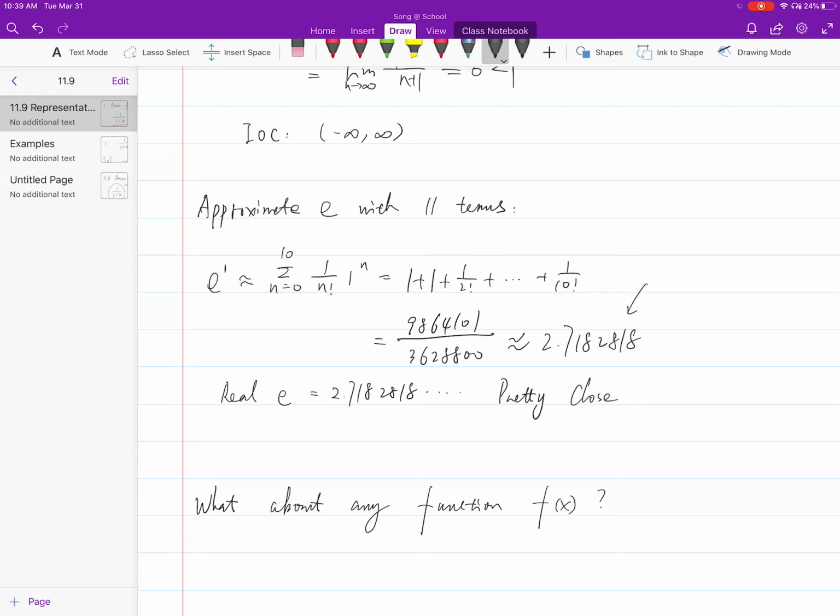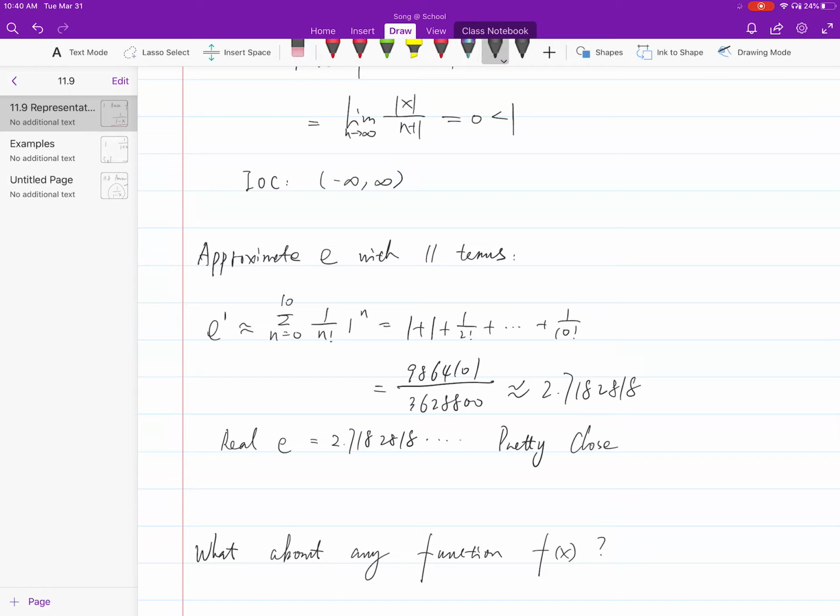Now if you check the definition of e online, the definition of e is this. So you can see with only 10 terms, we're pretty close. Okay, we're close to 1, 2, 3, 4, 5, 6, 7, at least 7 digits to the real e. That's great. You can approximate the real value of e with only 10 terms, or even maybe 5 terms, with a very high precision. And do you know why that is true?